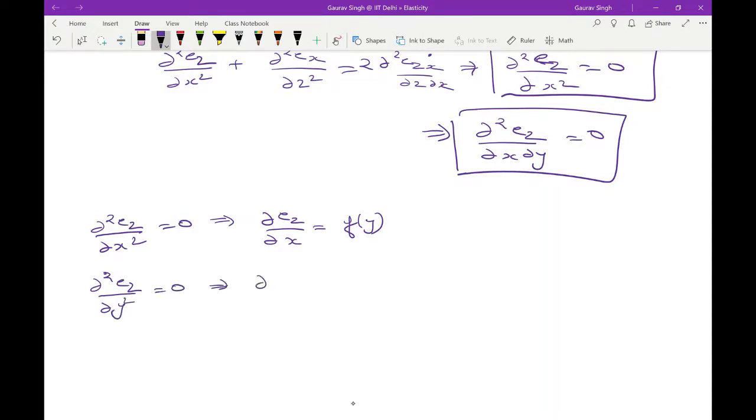This implies ∂Ez/∂y is equal to g of x. Okay, this is an indefinite integration term. And then ∂²Ez/∂x∂y is equal to 0. This implies that f dash of y is equal to g dash of x is equal to 0.